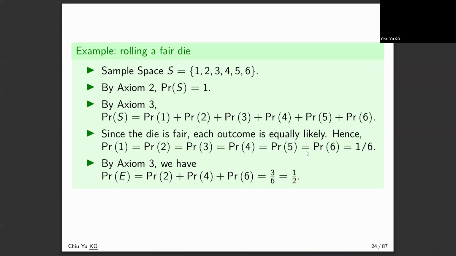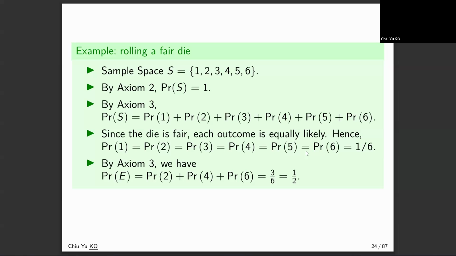Second, axiom 3 tells us the whole must be the sum of all its parts. So the probability of the sample space must be the probability of 1, 2, 3, 4, 5, 6, because they are mutually exclusive, right?